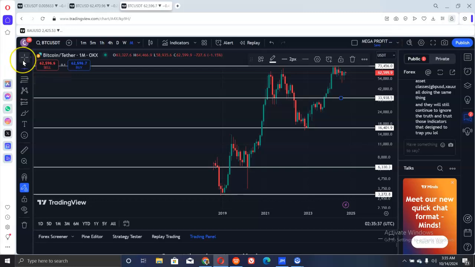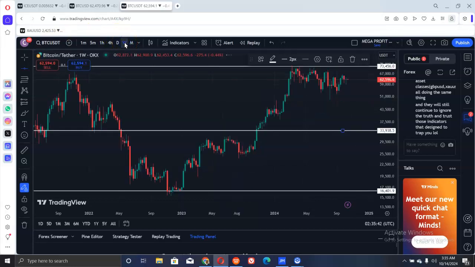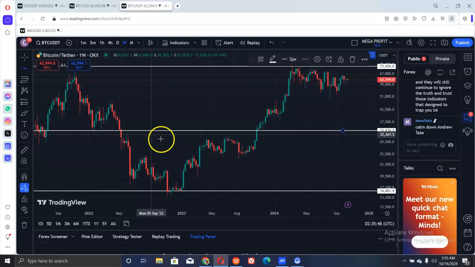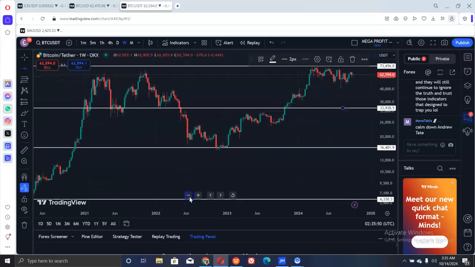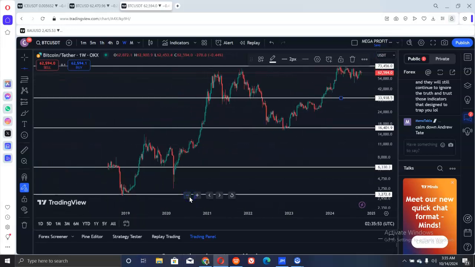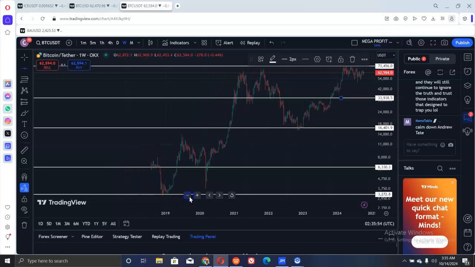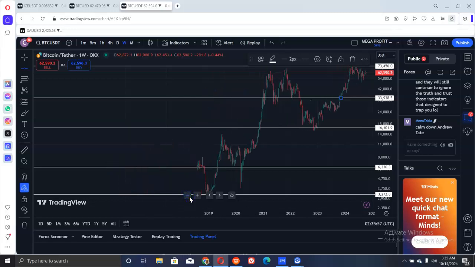Now the next thing I need to do is go down to the weekly. Okay, I've gone down to weekly. Let me bring my chart closer. Now it really conforms to the key levels.